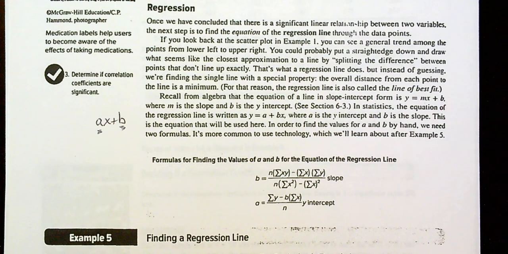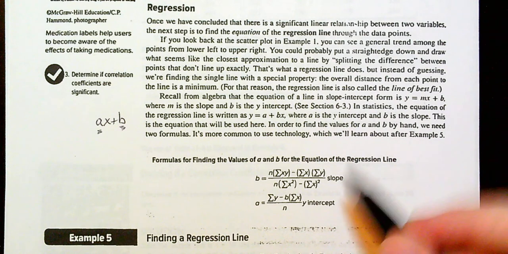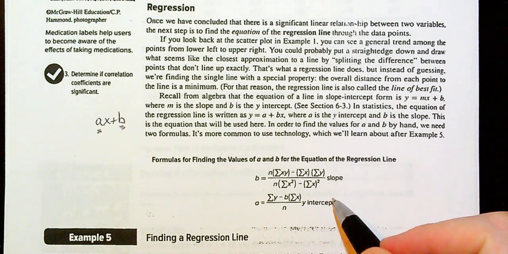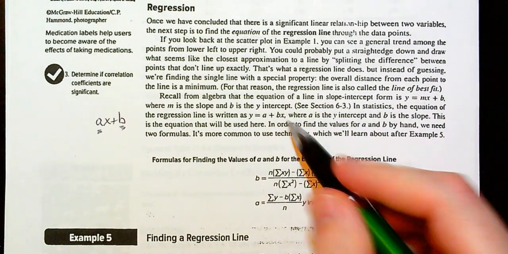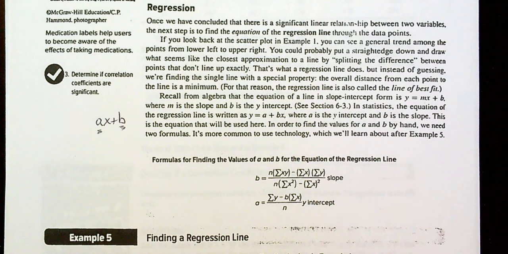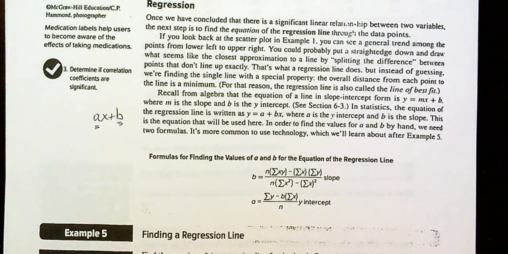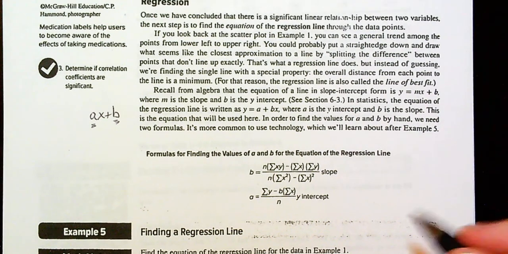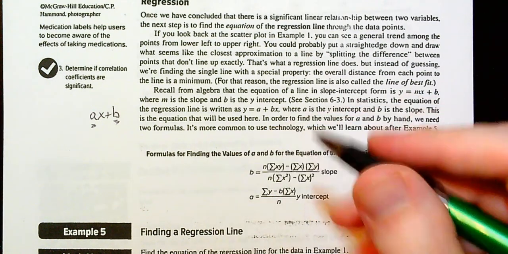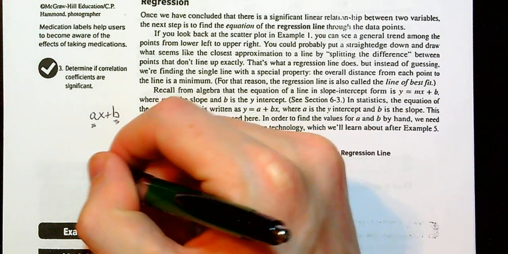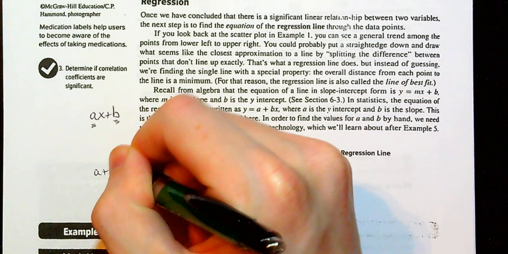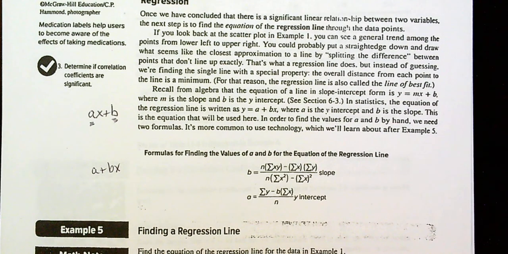I'll just take a moment to clarify that in the statement here, the book used b as the slope and a as the y intercept. So to remain consistent with the textbook and the notes, I shall say a plus bx here.